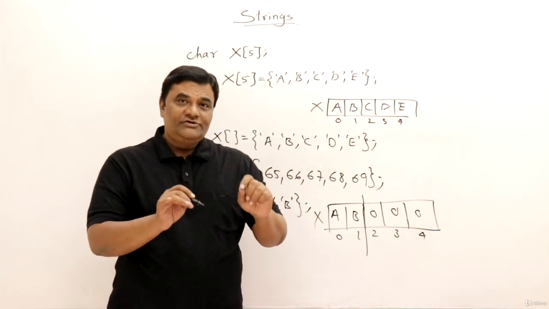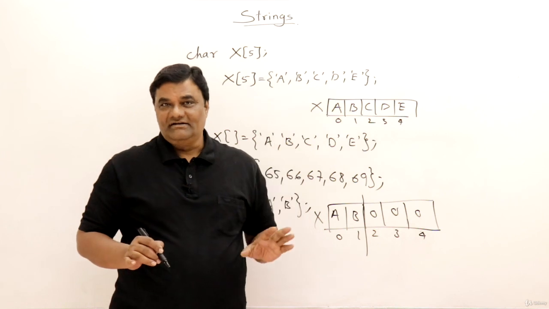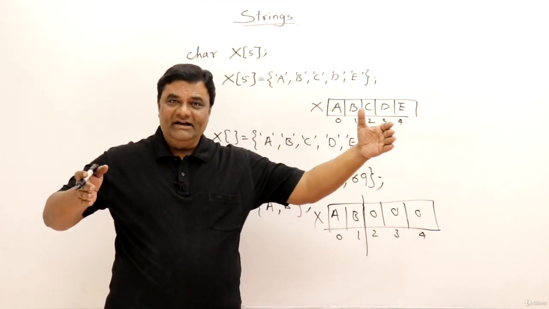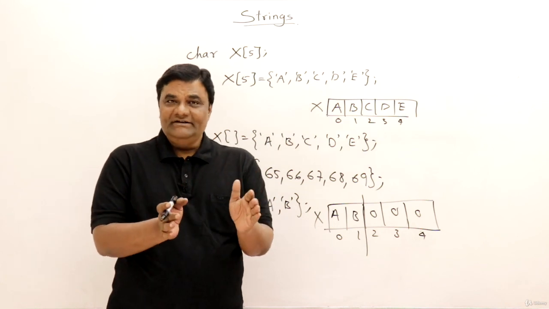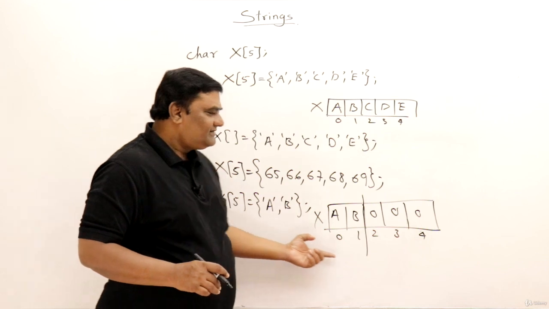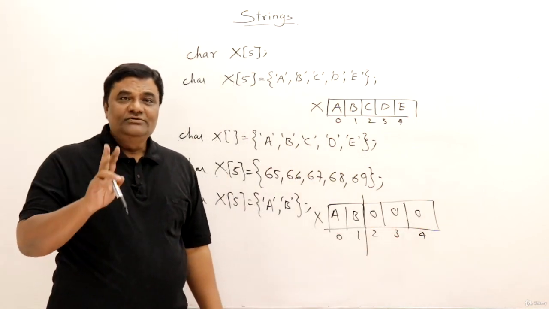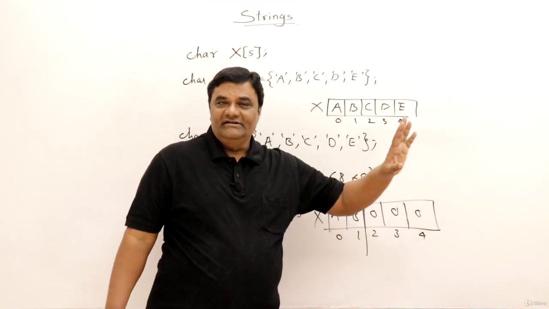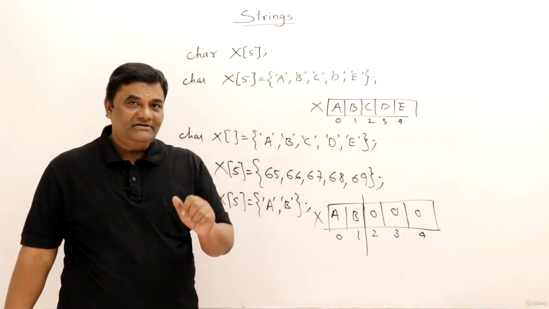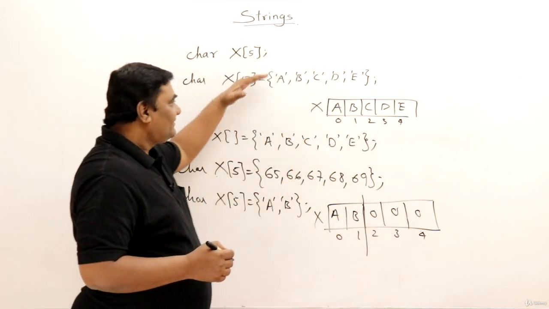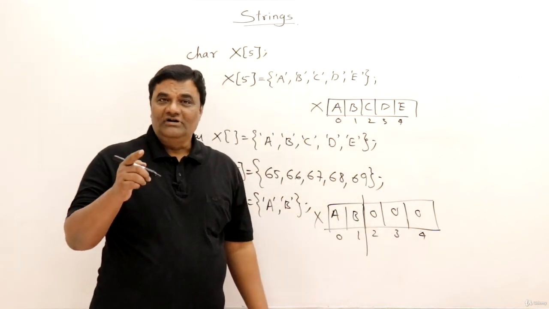Then I should know till where I have kept the characters. It is just like a normal integer array: the array size may be 100, but you have only 15 or 10 elements in it. Similarly, an array of characters of size 5, but I have only 2 valid alphabets. The rest of the places are empty, vacant, not in use. This is possible. Now next I will carry on with the same example here, and I will explain what strings are.